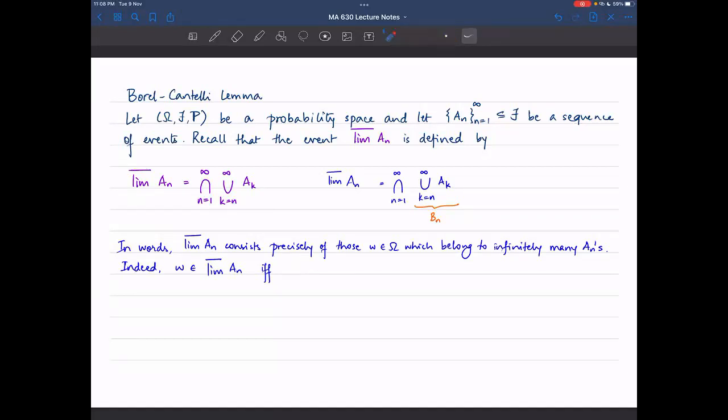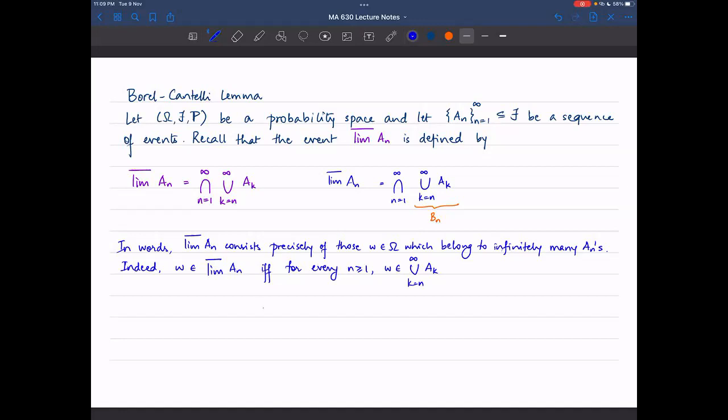Right? So ω is in lim sup A_n if and only if for every n greater than or equal to 1, ω belongs to the union k going from n to infinity of A_k. This is simply using the basic idea that a point belongs to the intersection of a family of sets if and only if it belongs to each of them.